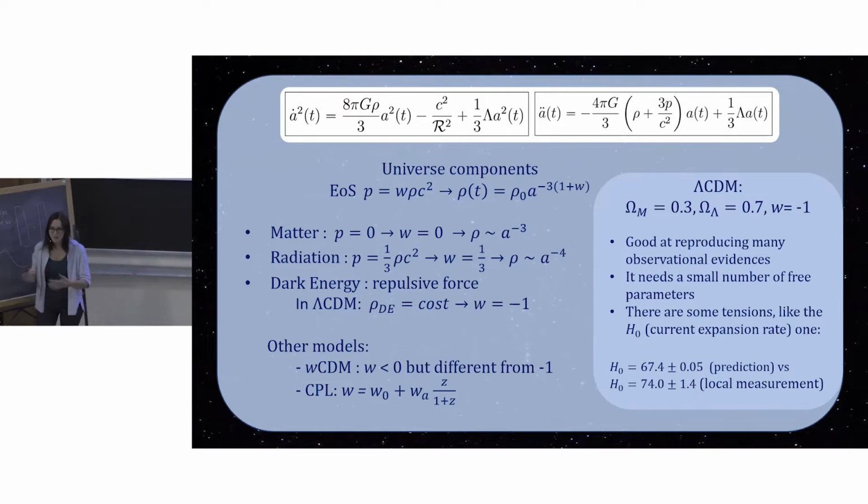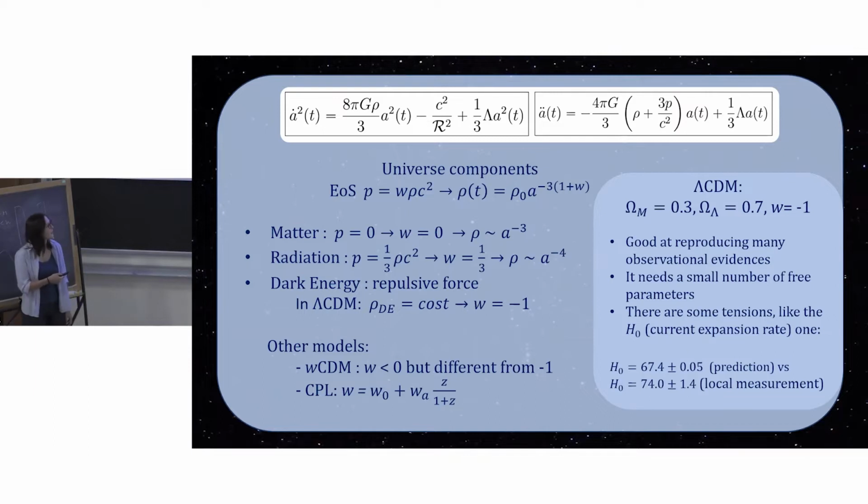But there are some tensions between observation and these standard cosmological models. I will not go into detail here, but probably the most famous one, which I don't know if any of you have ever heard of, is the H-naught tension. Now, H-naught is the current expansion rate of the universe. And while the prediction for this number is something around 67, the local measurements with supernovae 1A give us a value of 74. This is in kilometers per second per megaparsec, it's a velocity.